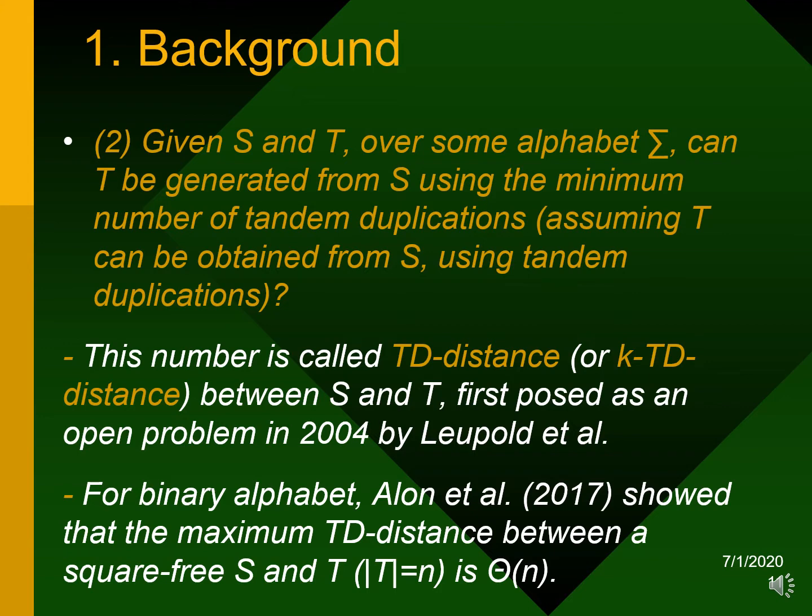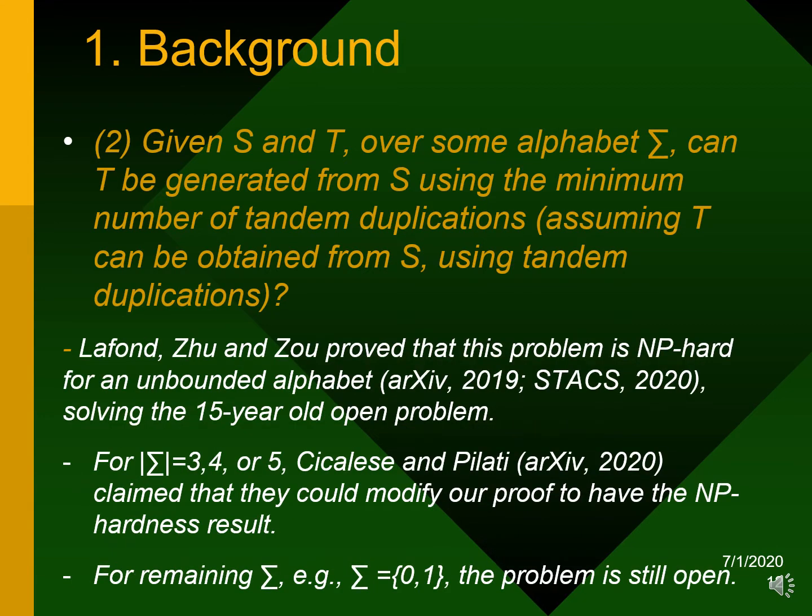For binary alphabet, Alon et al. showed that the maximum TD distance between a square-free string S and the target string T, where T is of length n, is theta of n. This does not really answer the previous question, but it is sort of related.